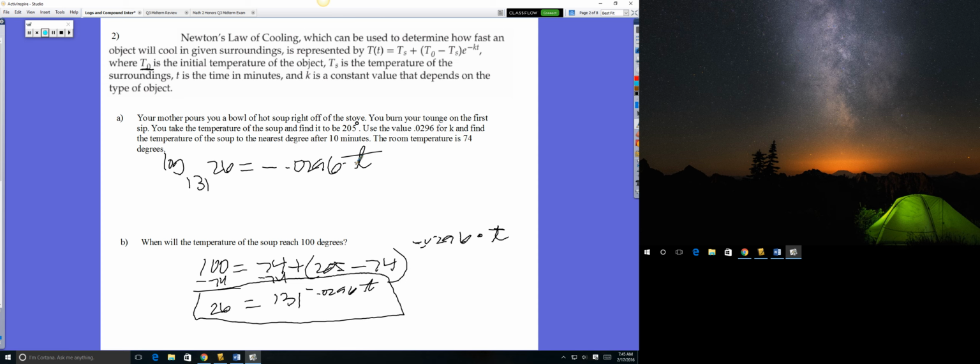Now I can get rid of the negative 0.0296 times t. I'm going to undo the times, so I'm going to divide by negative 0.0296 on this side. And this log, you just type it on the calculator, log base 131 of 26, hit enter, then divide that by negative 0.0296, and that gives you t is going to be almost 55 minutes, 54.6 minutes.